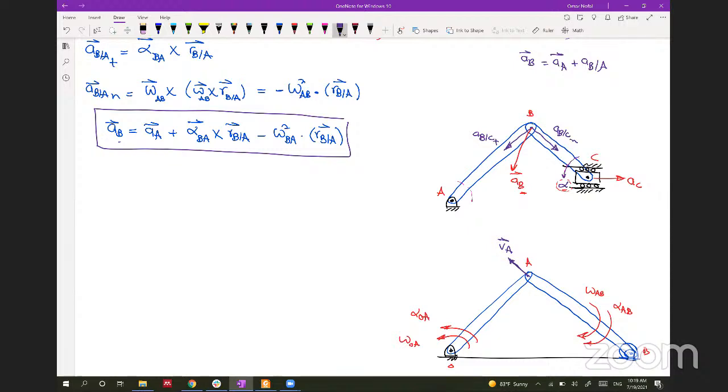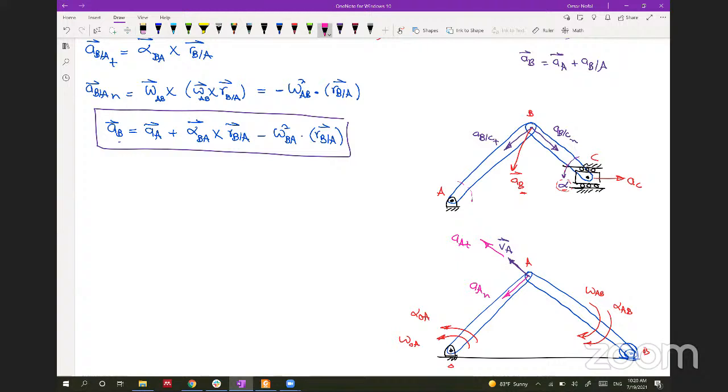And if you want to get the tangent acceleration, it will also be in this way, because it's in the direction of the alpha. And if we want to get the normal acceleration, it will be something like this. So this is the normal. So we mapped the acceleration at A.